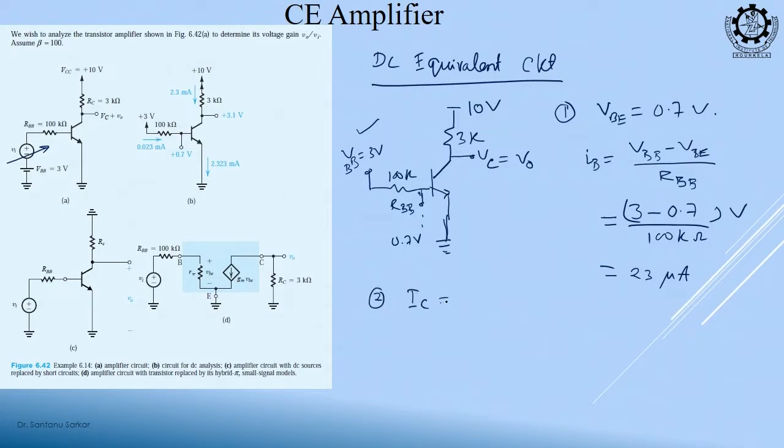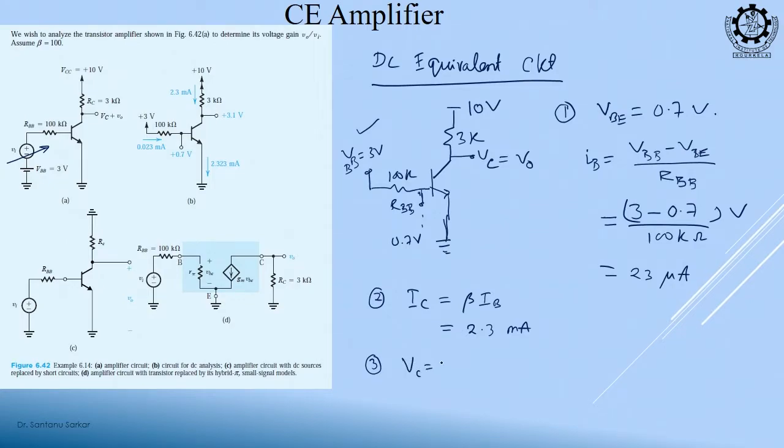IC equation is beta IB, so it becomes 2.3 milliampere. You multiply it by 100 and take care of the micro to milli conversion. Third step, you find VC or V0.